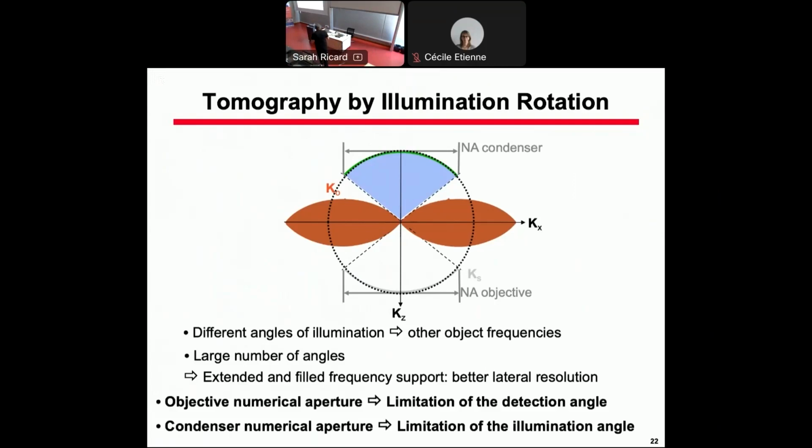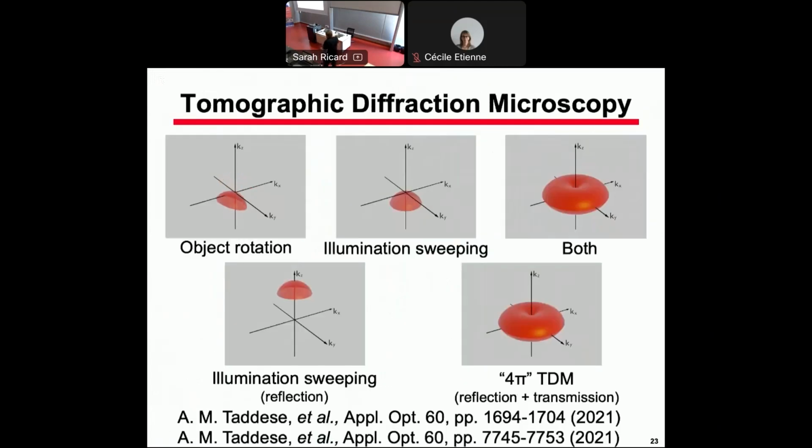It's as in a regular microscope, except that we have the different frequency supports we can get by object rotation. And if you look carefully, there is still something missing here along the rotation. By sweeping the illumination, we have this so-called donut. Is missing.